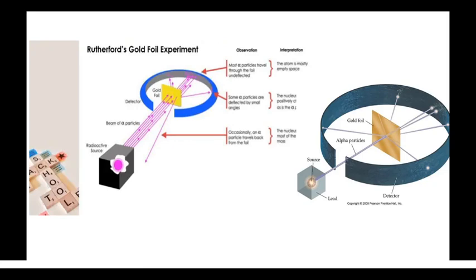So that is the reason for the deviation of alpha particles through small angles. Now, some of the alpha particles are reflected back also. So that is the Rutherford gold foil experiment, which is done with the help of alpha particles and gold foil.